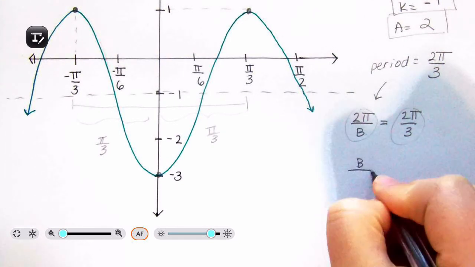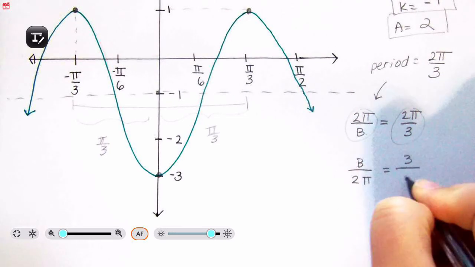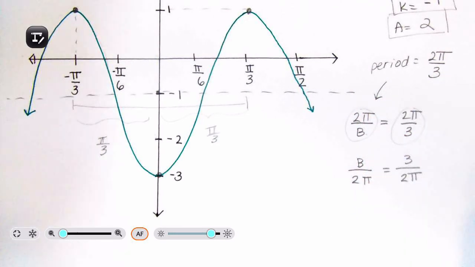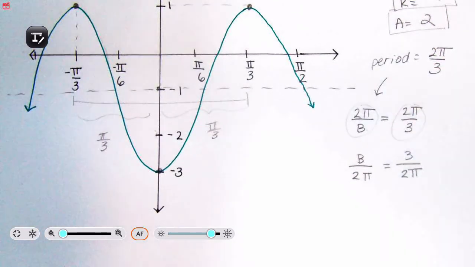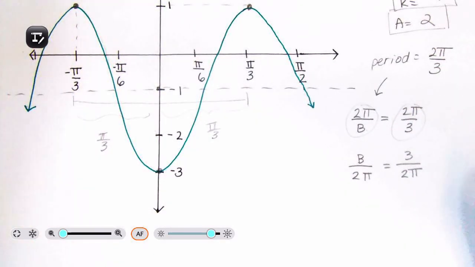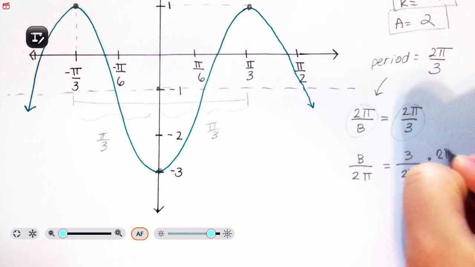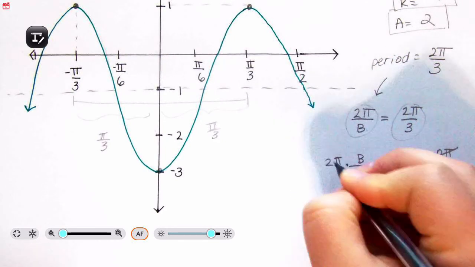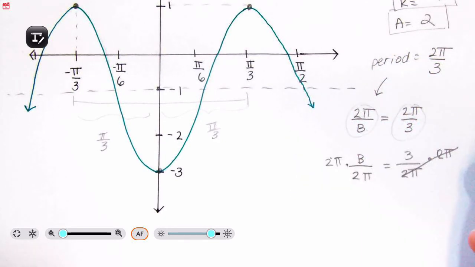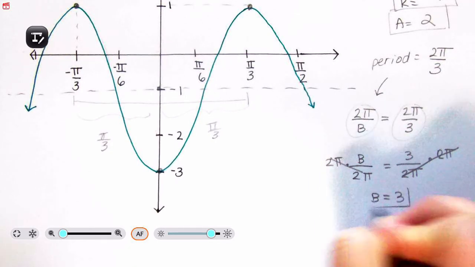So I have b over 2 pi equal to 3 over 2 pi. Now again, if you already see the answer, I'm happy for you, but I will continue to solve just so you know. So I'm going to multiply both sides by 2 pi. Again, only doing this for those of you who don't already see the answer. So then these cancel out, b is equal to 3.